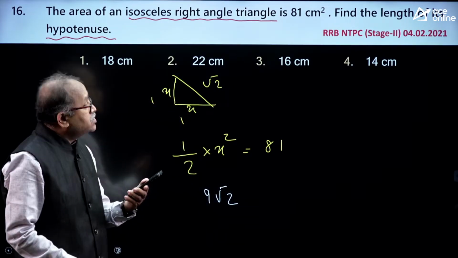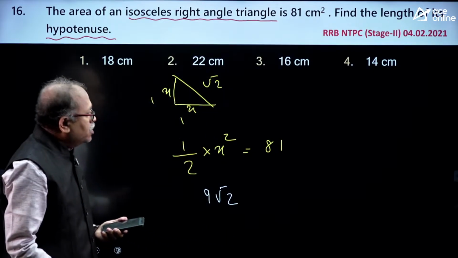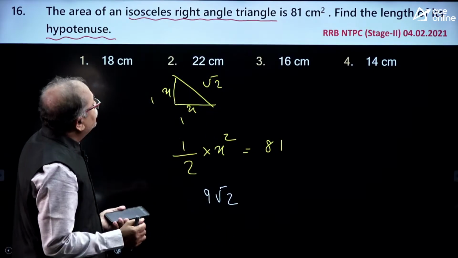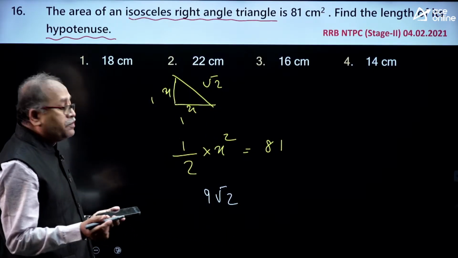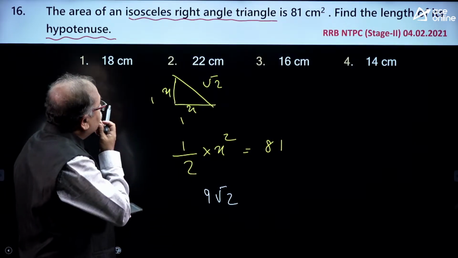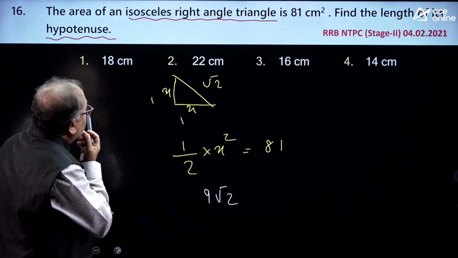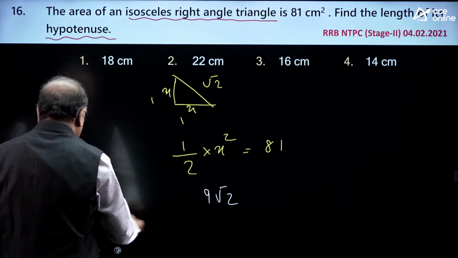So, nicely answer the question, not 18. Okay, 9 root 2. Now, when I simplify this one, rationalize this one, because what I need is to find the length of the hypotenuse.